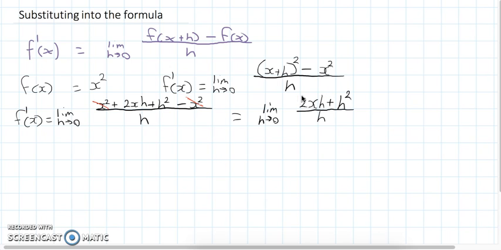So we could go, let's write it out, f dash x equals limit as h tends towards 0 of h multiplied by 2x, plus h. Now it's just h because h times h, h squared, divided by h.